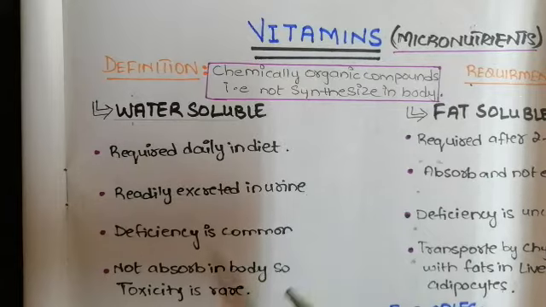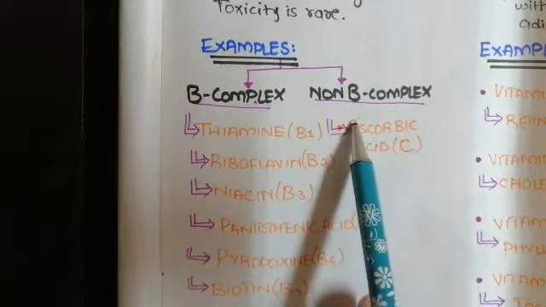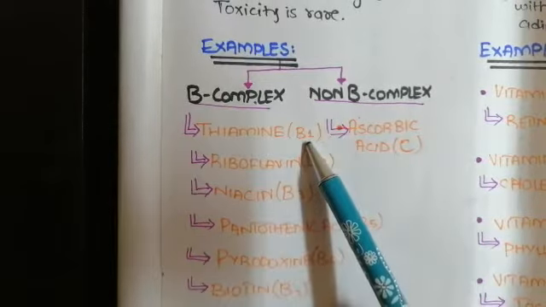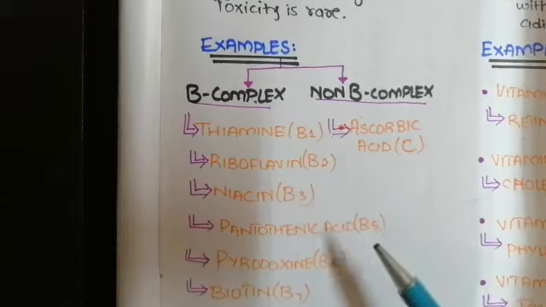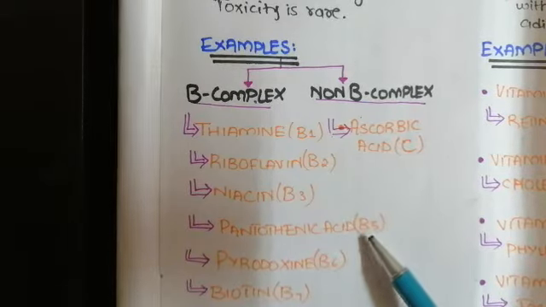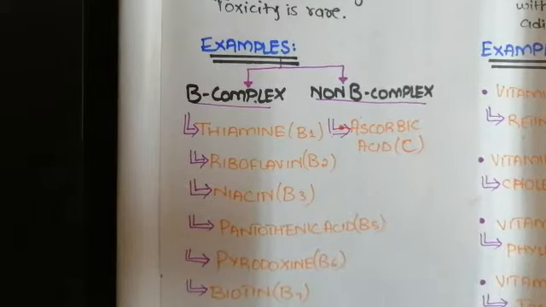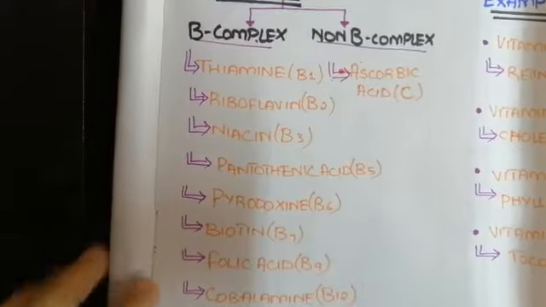If we go to the examples of the water soluble vitamins, they are classified as the B complex and the non-B complex. So the B complex vitamins include B1, that is thiamine, B2 riboflavin, B3 niacin, B5 pantothenic acid, B6 pyridoxine, B7 biotin, B9 folic acid, and B12, that is the cobalamin vitamin.